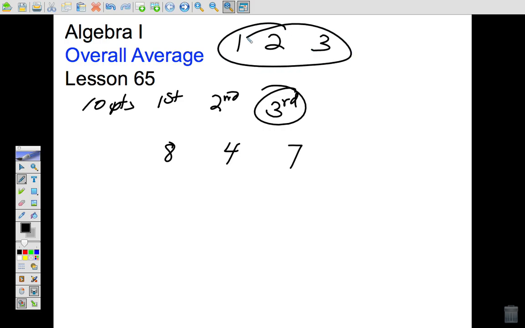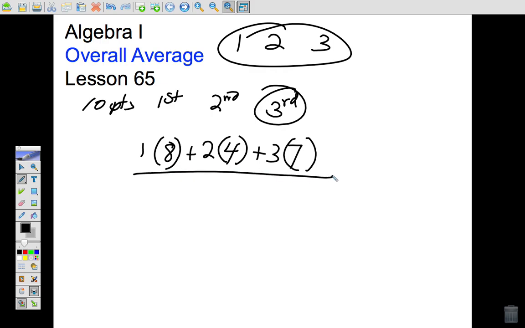The teacher wants the first test just to be normal, a regular test, so a weight of 1. He or she wants the second test to be weighted double, and the third test to be triple, for whatever reasoning. Now, this is what we do, and then we divide by the total of the weights. Well, the total of the weights here, 1 plus 2 plus 3, is 6.